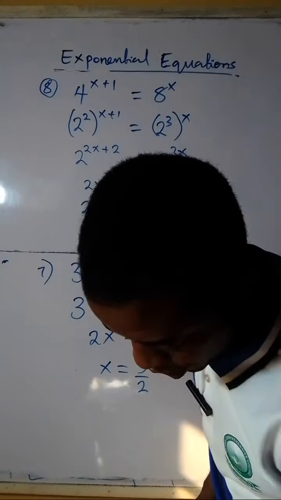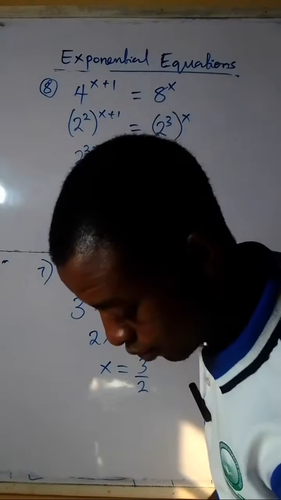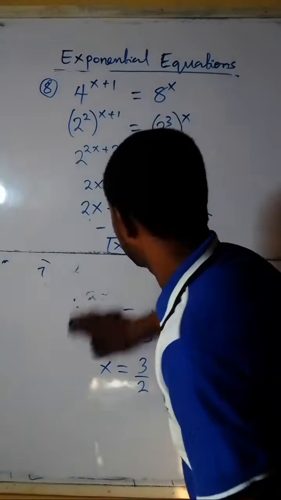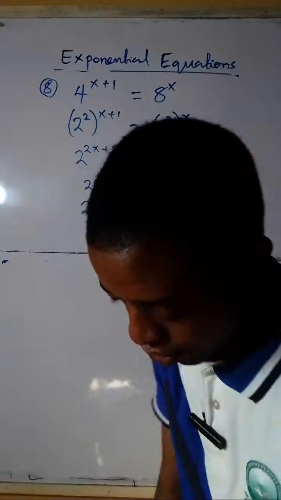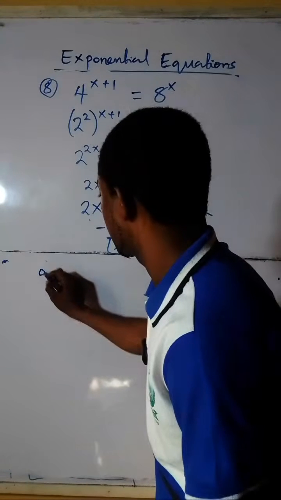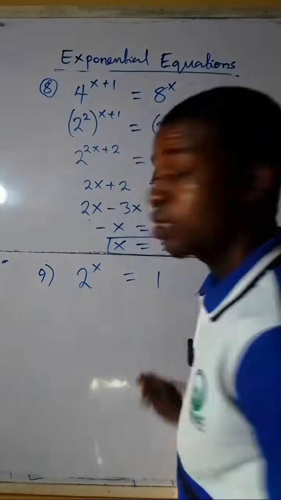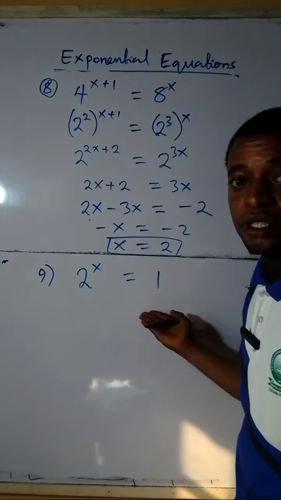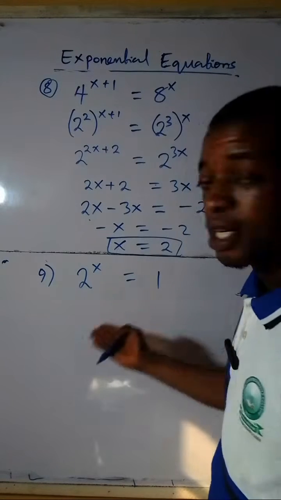And also let's look at this as number 9. We have 2 raised to power x equals 1. So this also is an exponential equation which we can solve by making the base on the two sides the same.